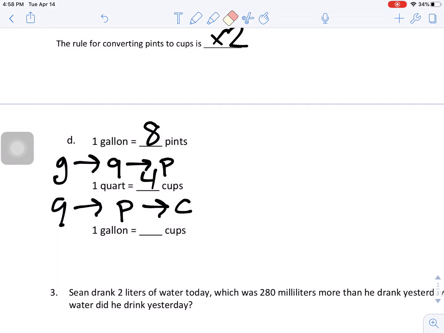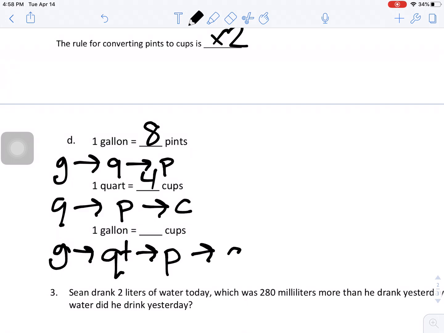And so you would have to do that again. For the last one here, you are going to go from gallons to quarts to pints, and then all the way to cups. So you have to keep going back and forth between the units because you can't go from a giant to a super small. You have to step down like a ladder.